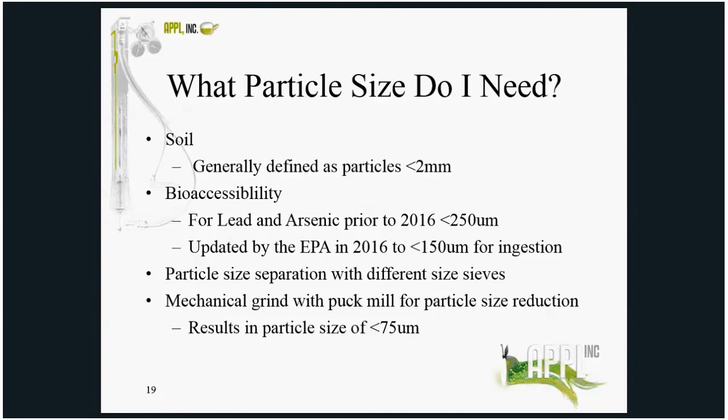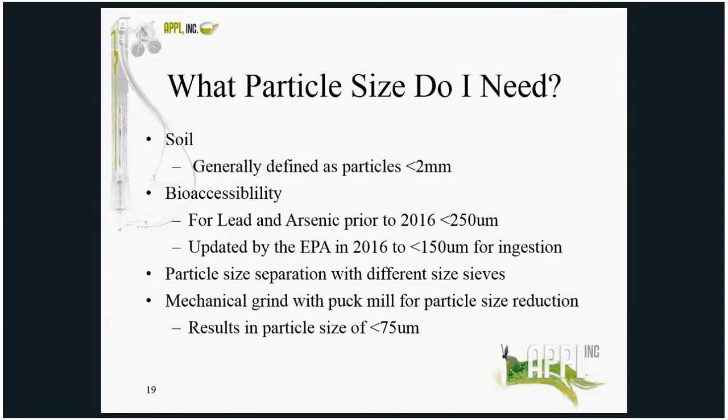If you're looking to establish bioavailability, you'll need to clarify the particle size you need. It's important to remember, if you're using a smaller portion, for instance, a 150 micron portion for the bioavailability, you need to process the entire portion of sample in that particle size that you're looking at.